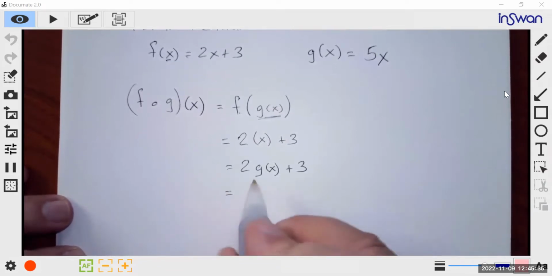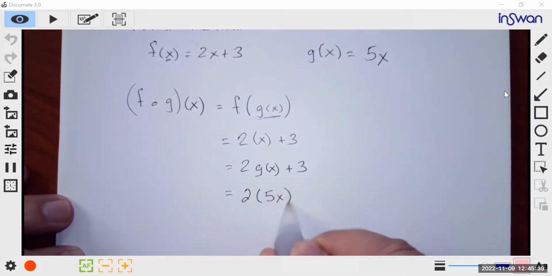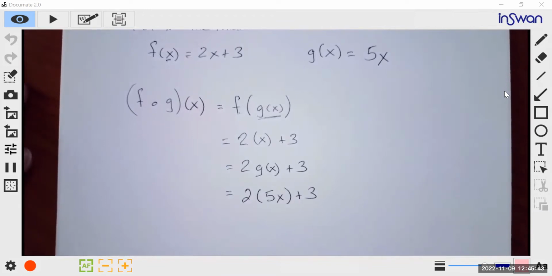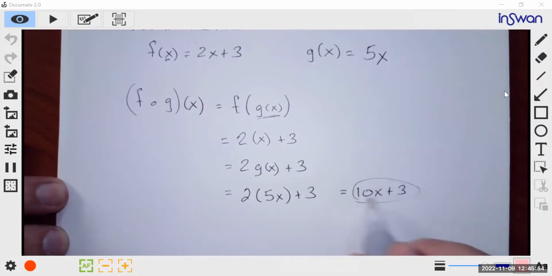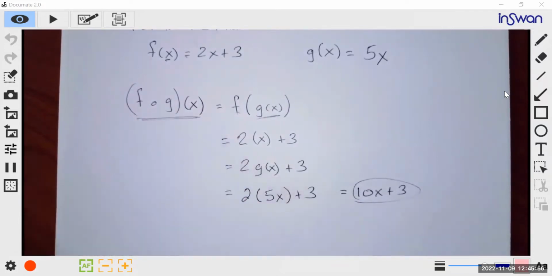And what's g of x? G of x is 5x, so I just put that in there. And then you work that out. 2 times 5 is 10, 10x plus 3. And this is my answer to this question.